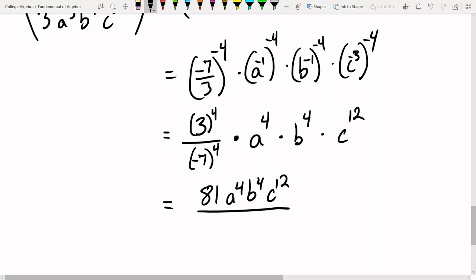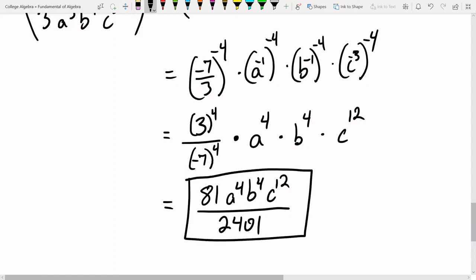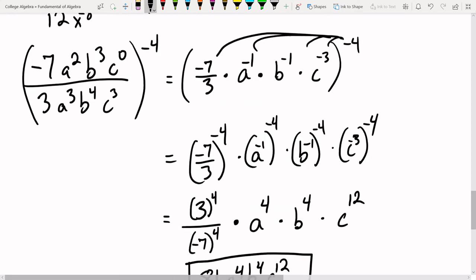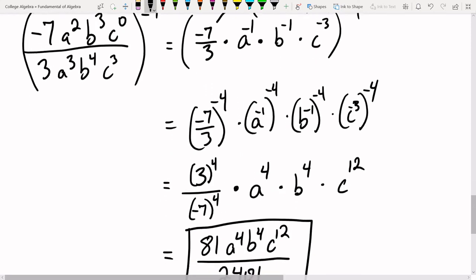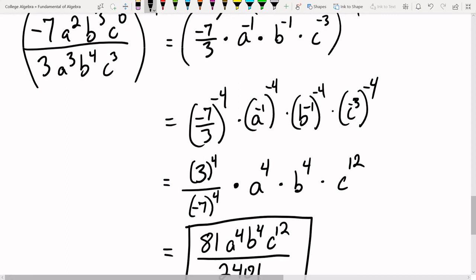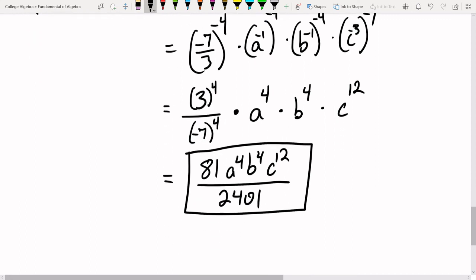And the negative will end up canceling because negative times negative is positive, times negative is negative, times negative is positive. There's 4 negatives there. So we get a positive number, 2401. And that is a simpler expression to look at than the starting mess that we have there. That's a much better thing to work with.